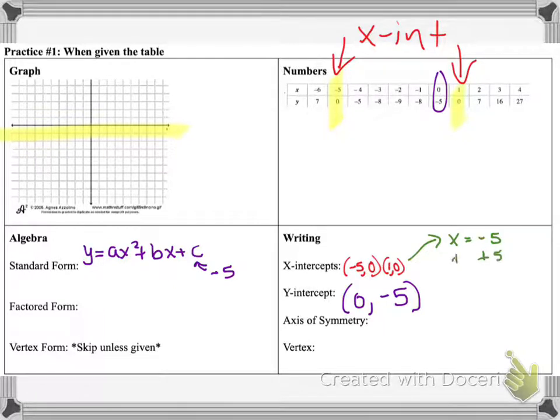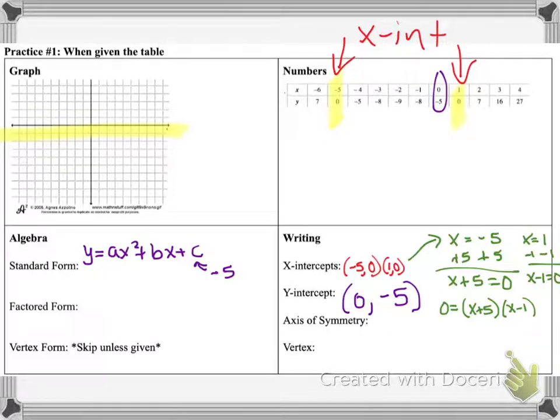So if I add 5, I get x plus 5 equals 0. And I could do that with my 1 as well. If x equals 1, well, subtract the 1 back, and x minus 1 also equals 0. And if we remember that going into our zero product property, that means 0 equals x plus 5, the factors, and x minus 1. That's my factored form.